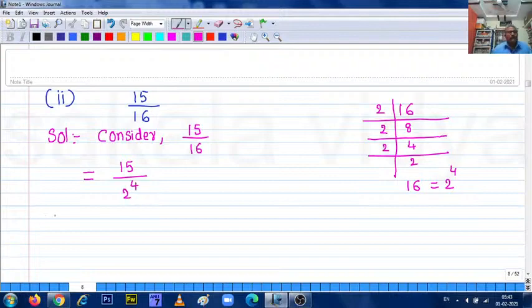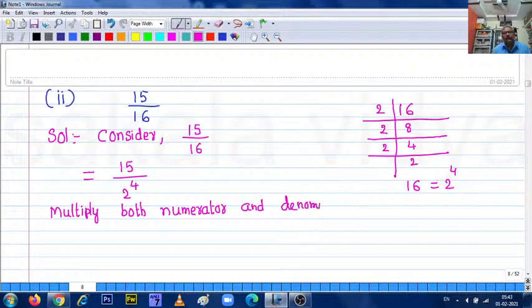So now multiply both numerator and denominator with 5 to the power of 4, 5 to the power of 4. So what do we get now?